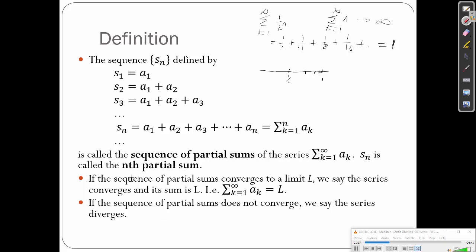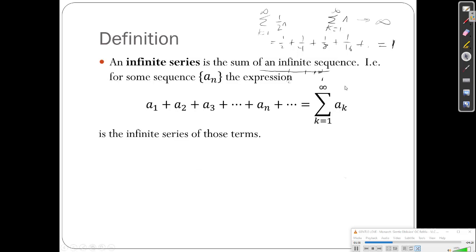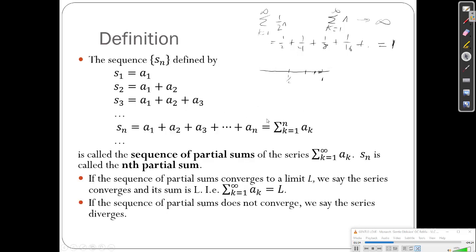Even though we're saying the infinite series converges or diverges, what actually determines the convergence or divergence is not the series itself, but the sequence of partial sums. The convergence of the infinite addition of all the a's is dependent upon what the sequence of partial sums does.